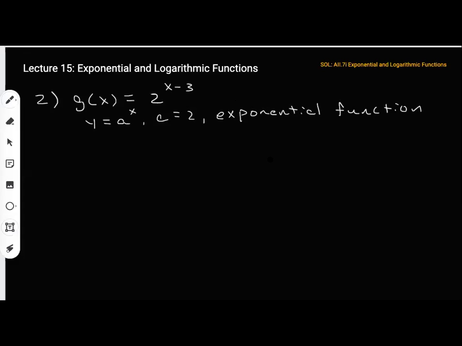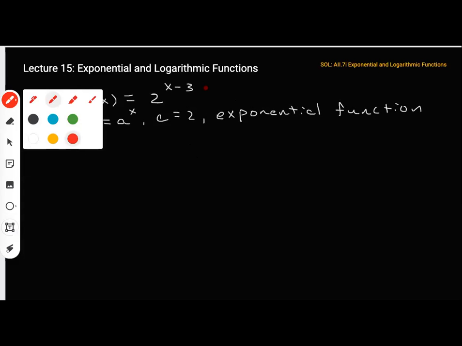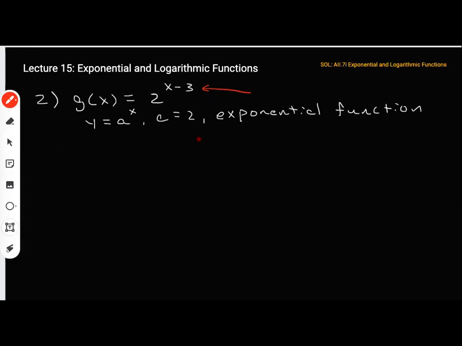Does it have any transformations going on? Actually, yes. What does this minus 3 do? It's not going to take you down 3. It's actually going to take you to the right 3. And the reason for that is the negative 3 is with the x value.